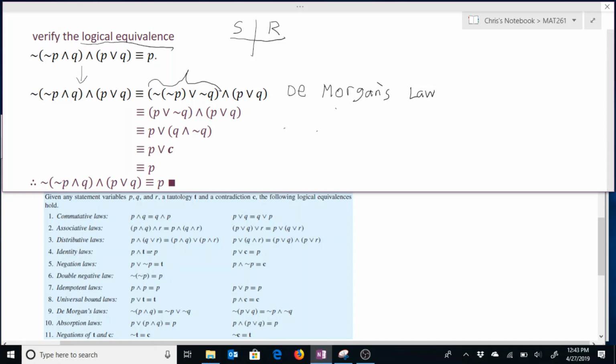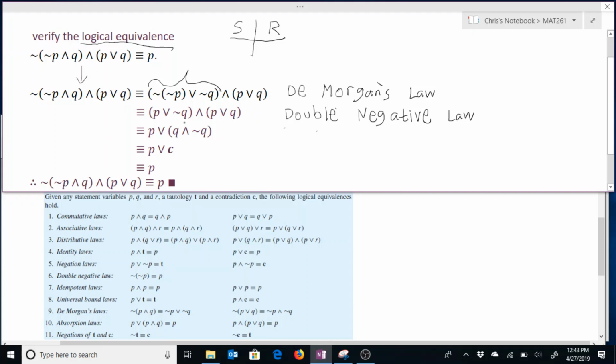And that one comes from this double negative law down here. So this is from the double negative law.